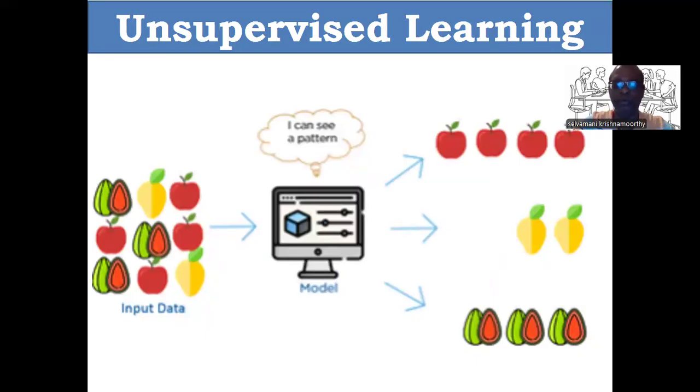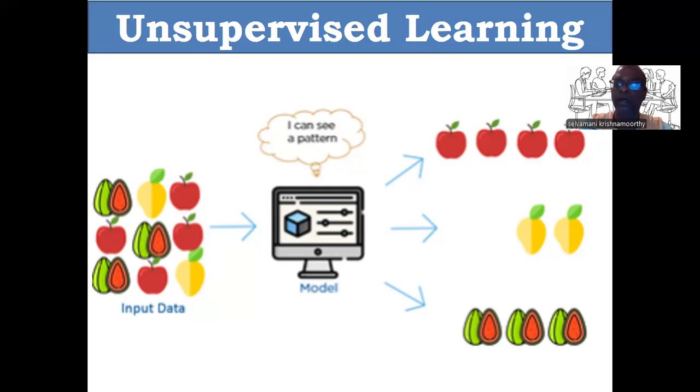In supervised learning, we are giving trained data, that is, input with the label. Whereas in unsupervised learning, we are giving only inputs, without labels. That means we are giving unlabeled training data to the system. See, in this case, we are giving different photos of many fruits.